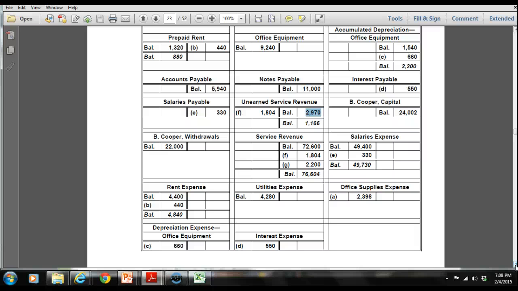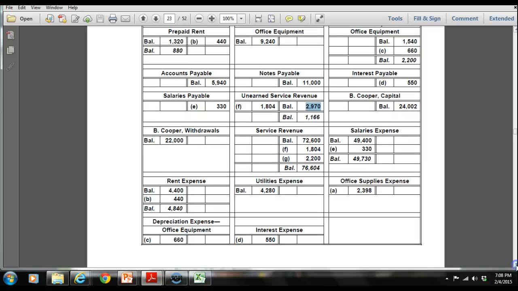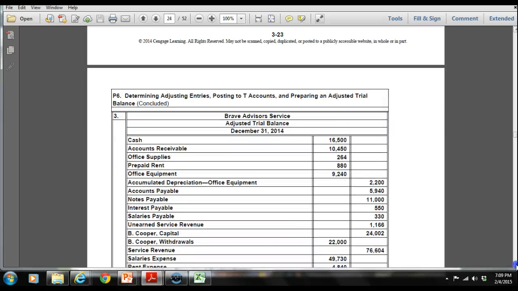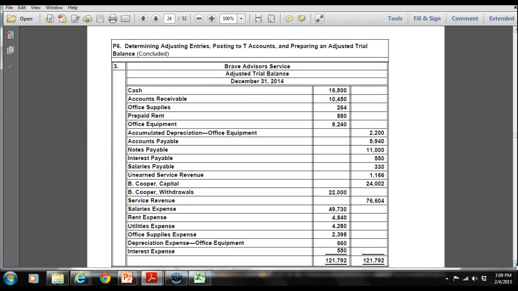So once we come up with our new balances, we're going to create a trial balance just like the one in the book. But we're going to have a couple more accounts than what the book has. We're going to just go down those T accounts. Each T account, we're going to just write the account in. And if it's a debit balance, we're going to put it on the debit side or the left side.